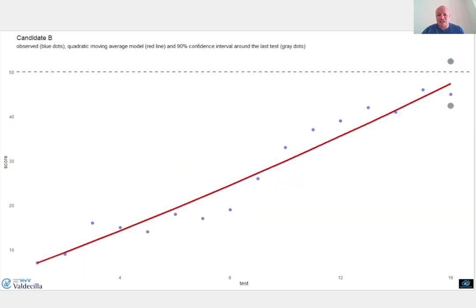Next, we see a candidate who has not managed to reach 50, yet the confidence interval does include 50, indicating insufficient evidence to reject the null hypothesis of 50.